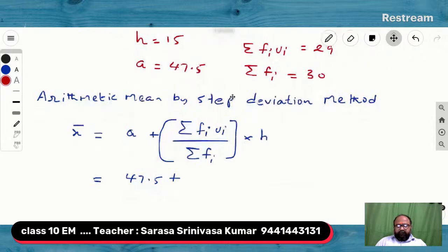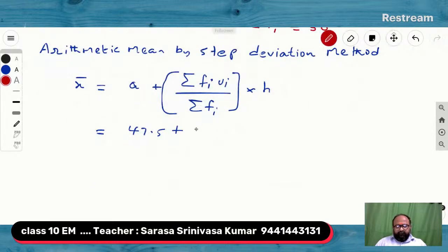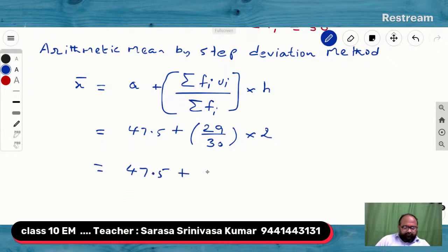So we substitute these values: 29 by 30 multiplied by 15. This is equal to 47.5 plus 29 by 30 multiplied by 15.